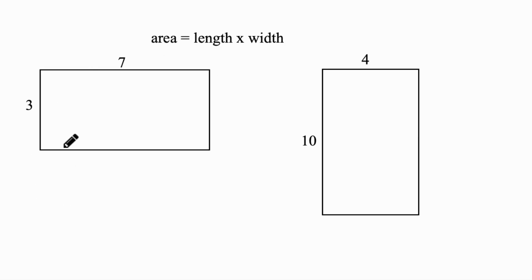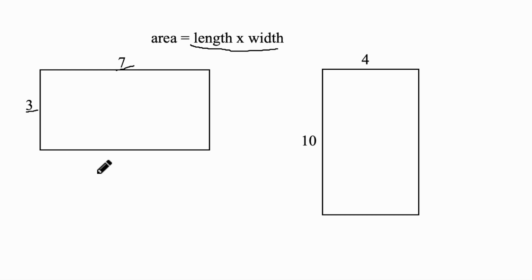So here we have two questions. In order to find the surface area for this, we have to use this equation. So the length here for this one is 7 and the width is 3.